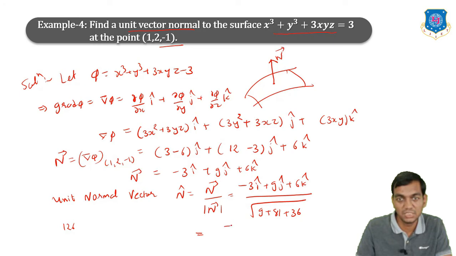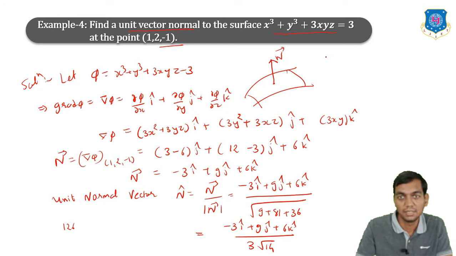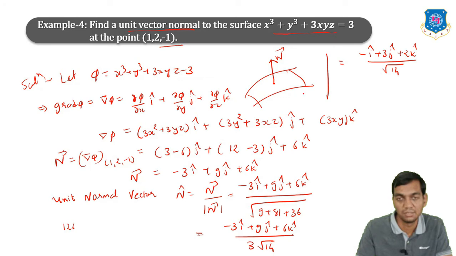So basically it is minus 3i plus 9j plus 6k divided by 3 root 14, and if you write it in the simple form, then you will have minus i plus 3j plus 2k divided by root 14. Okay, and this one is our required unit normal vector to the surface.